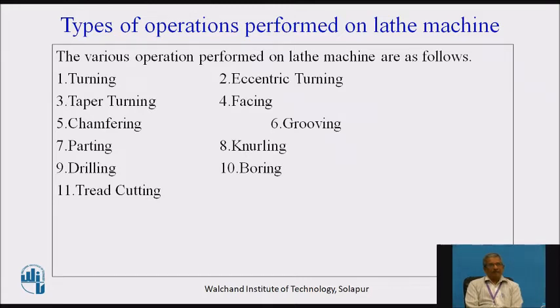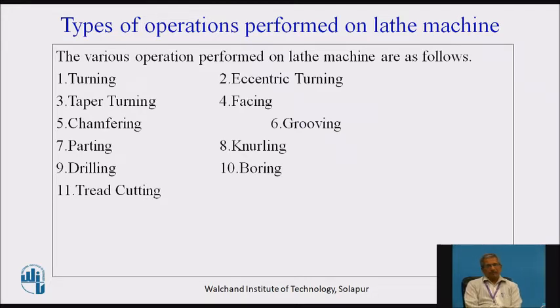In taper turning, it is a generation of a taper surface or conical surface. It also removes the material from the diameter, but the depth of the cut will go on either ascending or descending. So it is a generation of a conical surface by removing the material on the cylindrical or circumferential part.